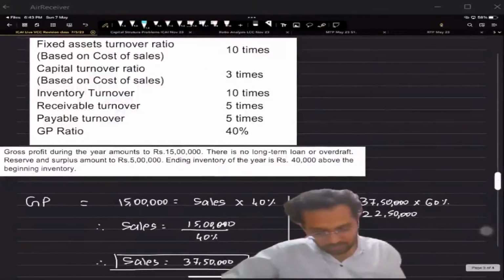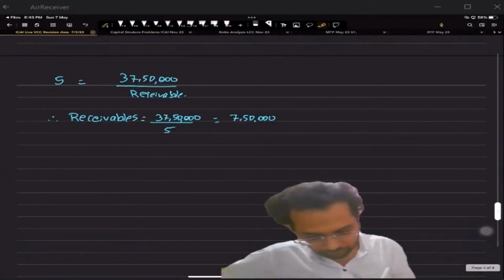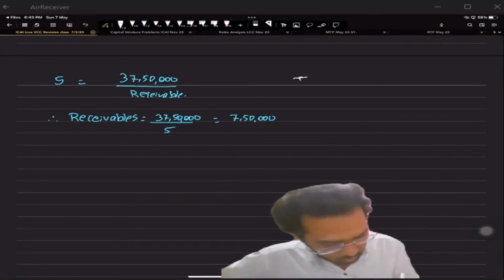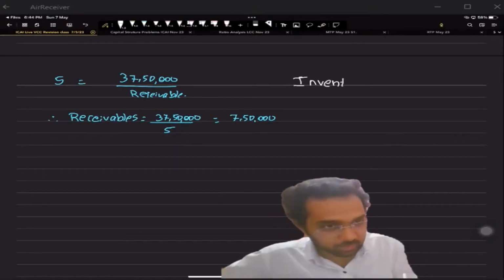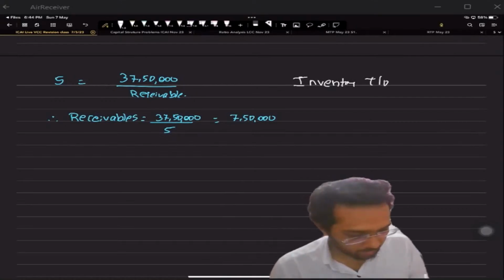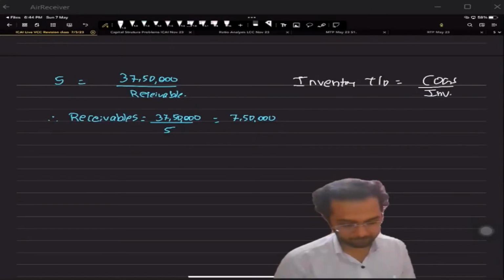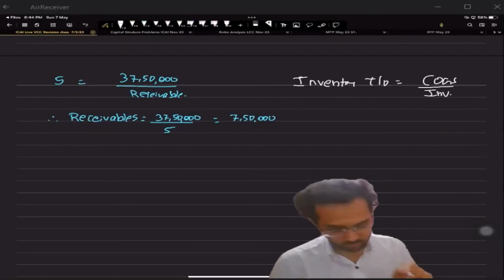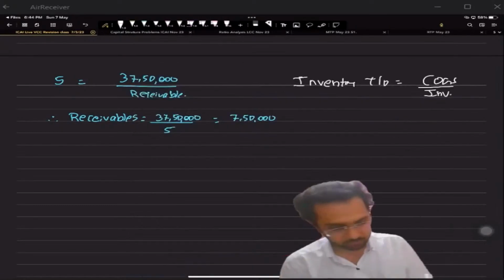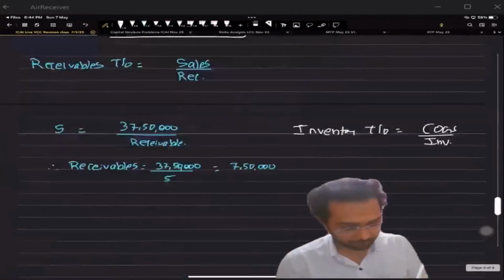Then for inventory turnover, we can use the COGS figure. Inventory turnover is COGS upon inventory. The inventory turnover number is 10.